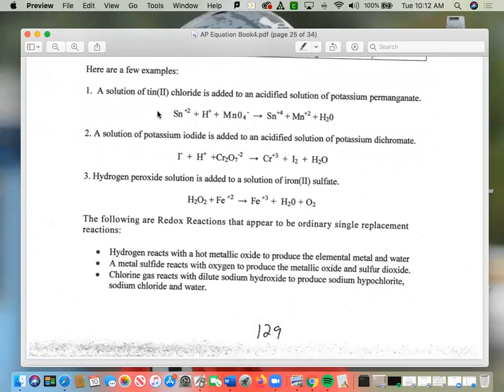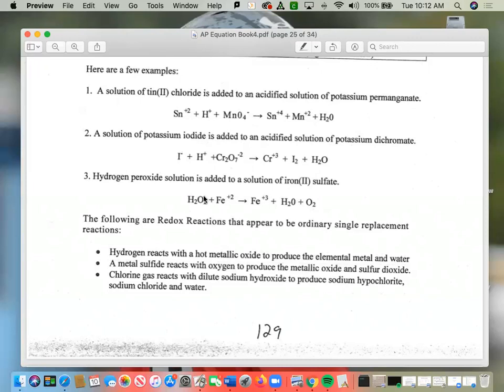It says, a solution of tin 2 chloride is added to an acidified solution of potassium permanganate. Okay. So as I go through this, a solution of tin 2 chloride. Well, the chloride is going to be my spectator ion. Now that can be tricky because how do I know what's the spectator and what's not?